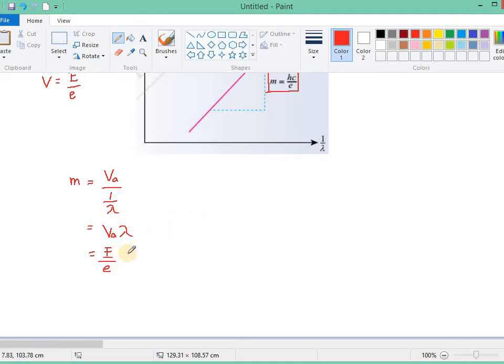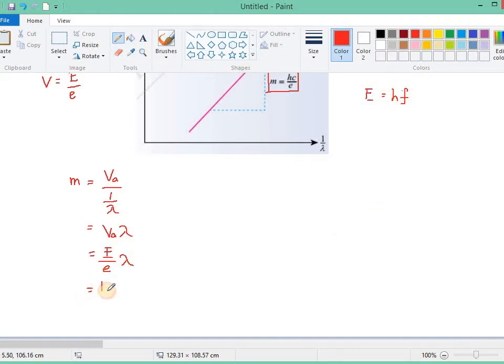Alright, and because this E is the energy of one photon, we can substitute it with E equals Planck constant times the frequency.